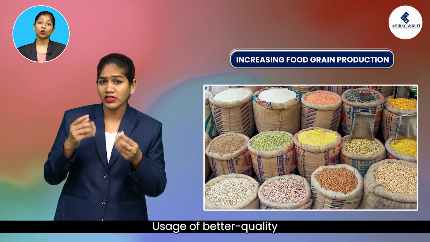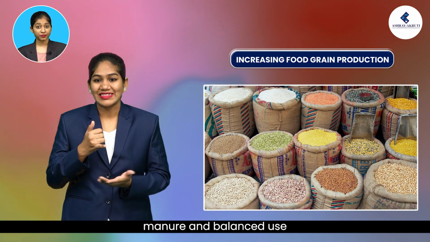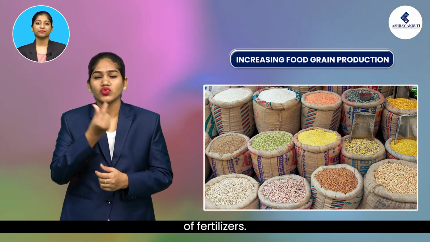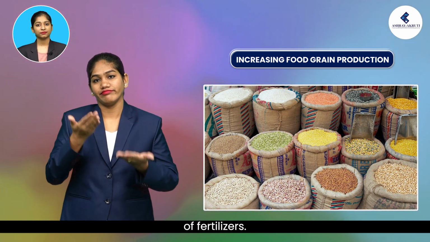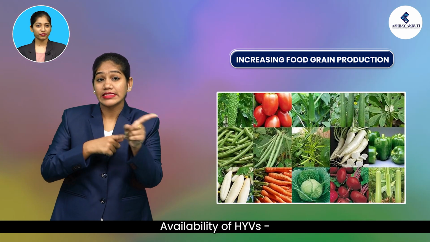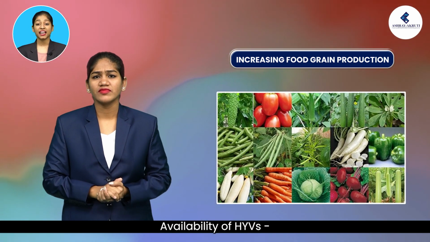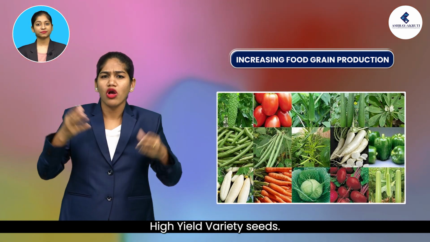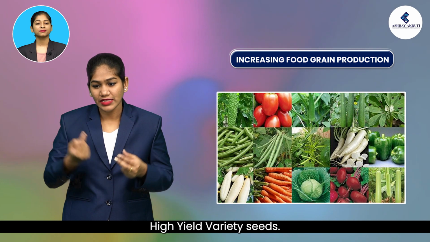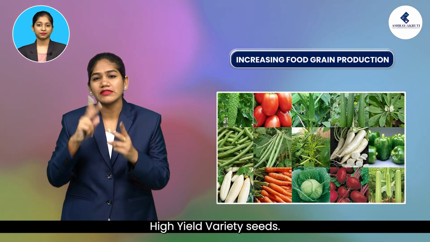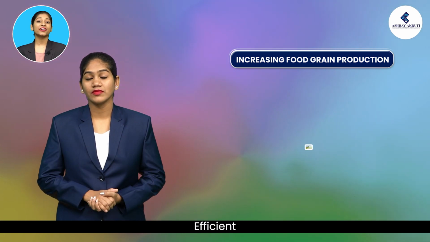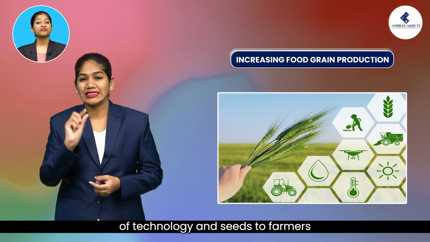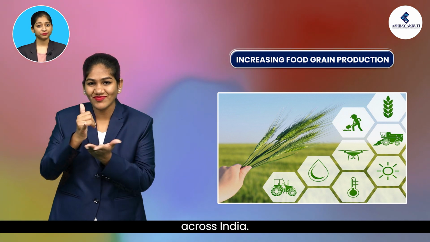This includes usage of better quality manure and balanced use of fertilizers. Availability of HYVs, high yield variety seeds. Efficient dispersal of technology and seeds to farmers across India.